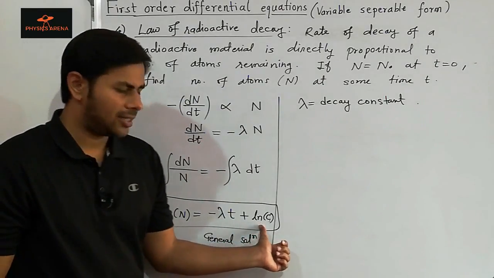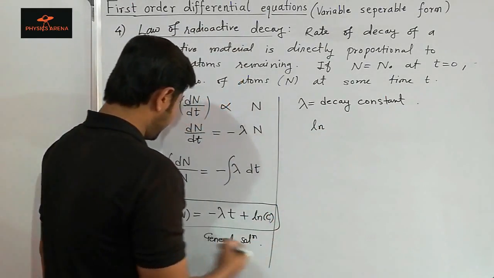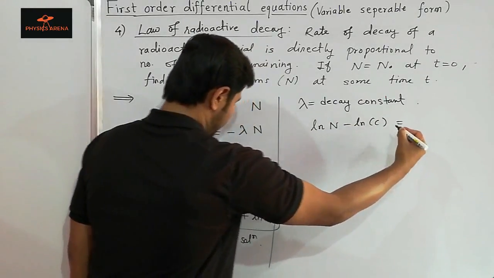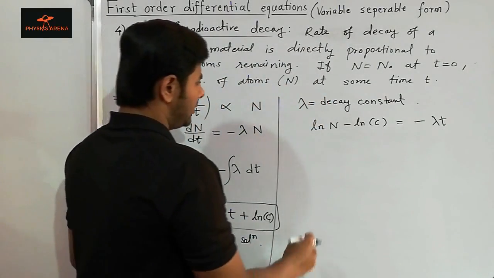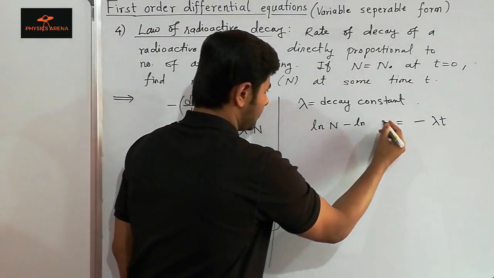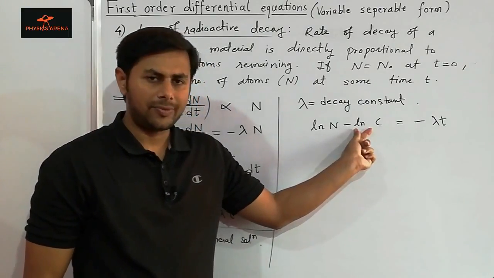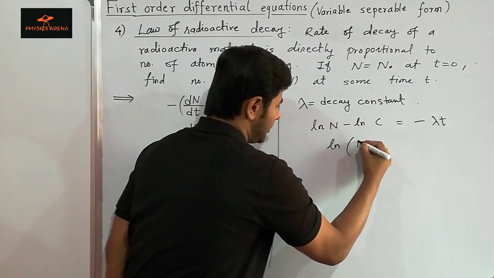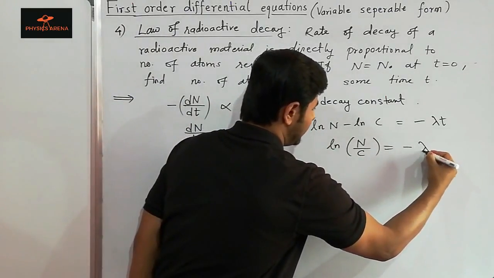Or we can take this ln of c on the other side. So we'll have ln of N minus ln of c equals minus lambda times t. Then ln of N minus ln of c is ln of N divided by c. So this is equal to minus lambda t.